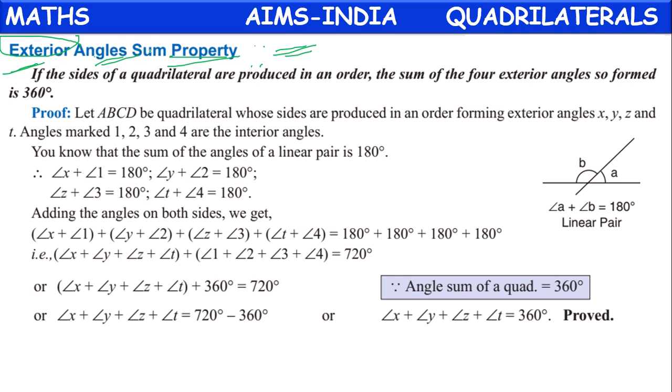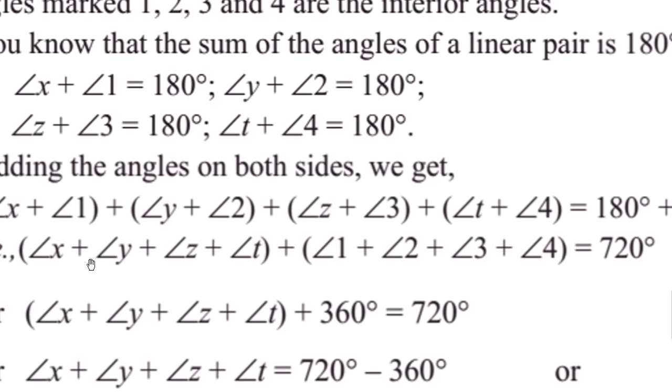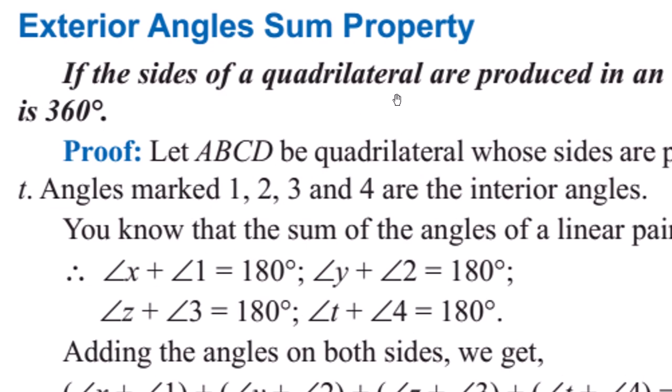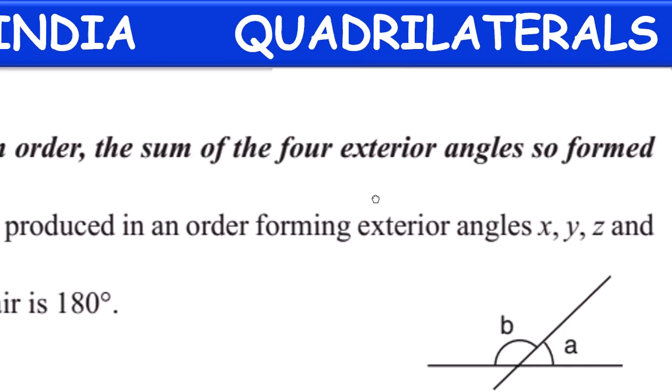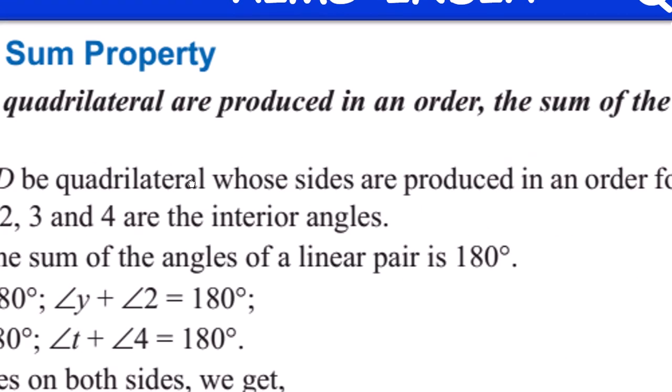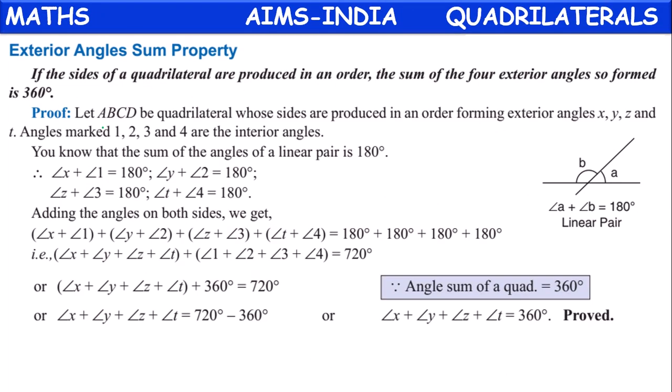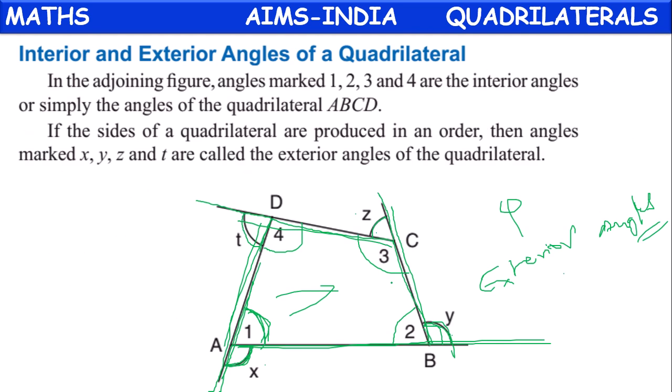Now we are going to find the sum of the four exterior angles. Here, children, if the sides of a quadrilateral are produced in order, the sum of the four exterior angles so formed is 360 degrees. Not only is the sum of the inner angles of a quadrilateral 360, the sum of the exterior angles is also 360 degrees.